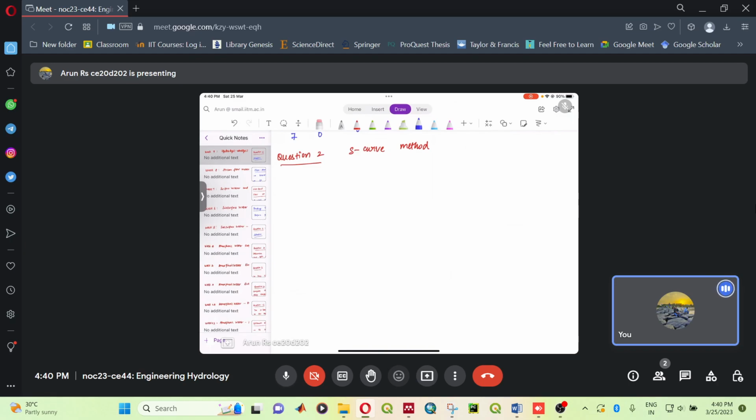So I'll just write down the table. Here we'll be doing all the calculations in terms of tabular column.